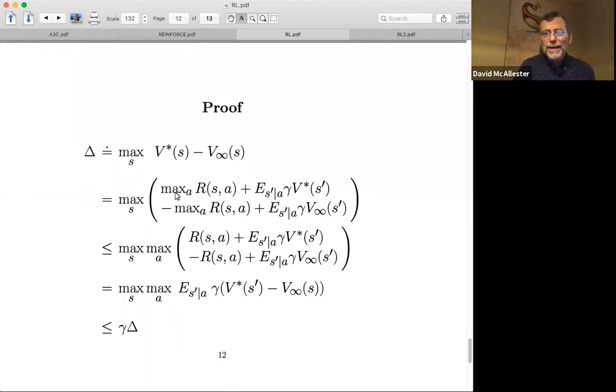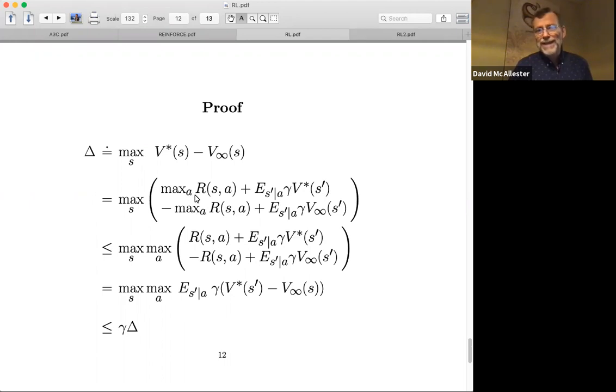Now, I'm picking two actions here, right? An action that maximizes this and an action that maximizes this. If I make this action the same as that action, this action suboptimal, it can only go down, right? So replacing this max by whatever's being chosen here will make this go down. But that will make this difference go up.